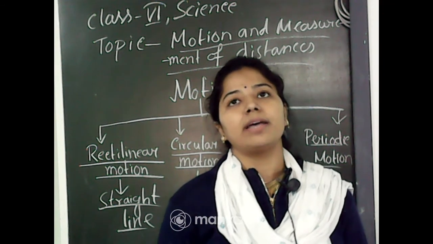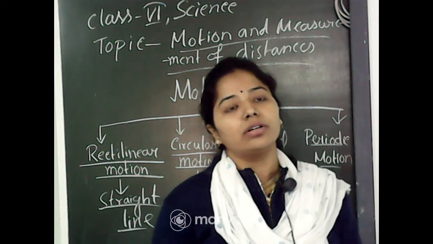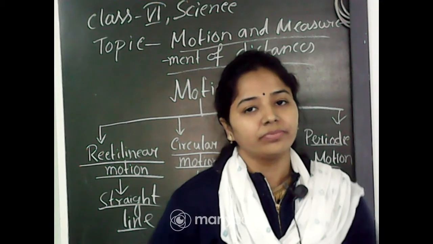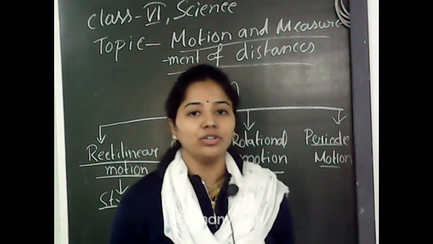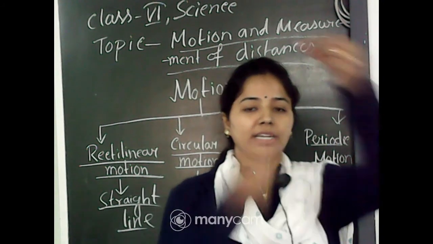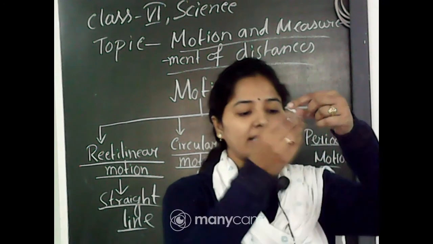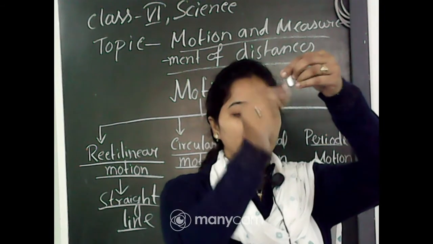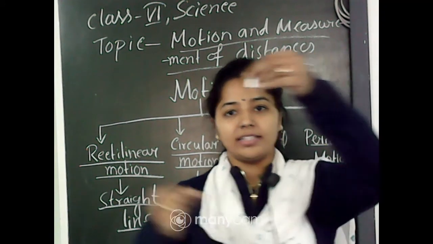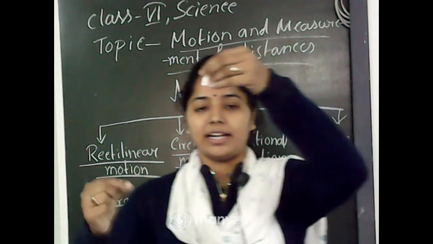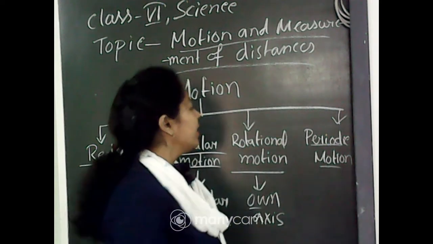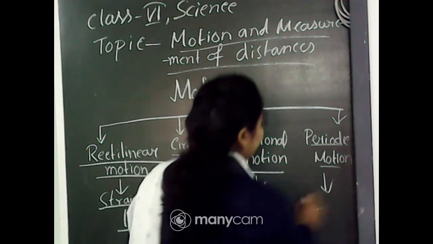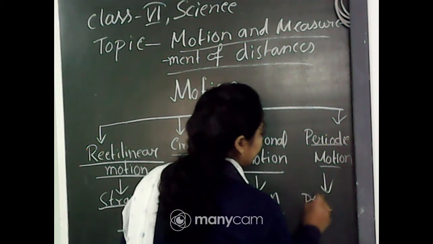Have you seen a pendulum or an old clock? The oscillation of a pendulum is when something hanging goes this side and that side. This is called oscillation of a pendulum. So periodic motion is motion that occurs periodically.